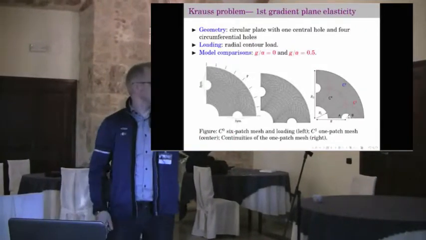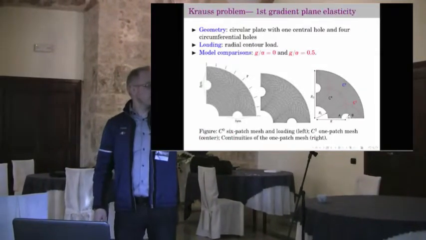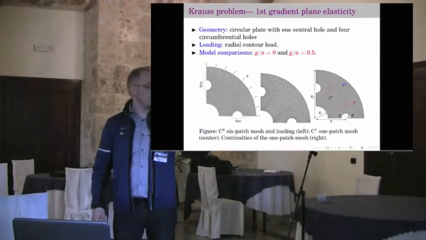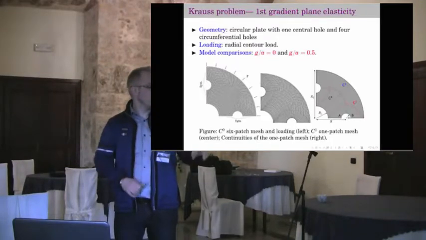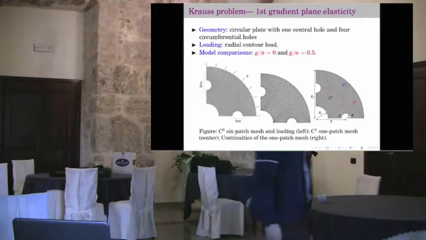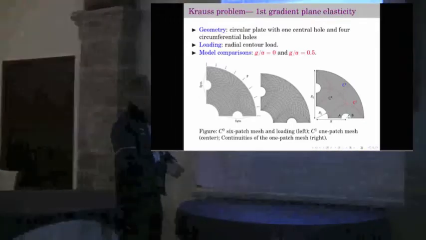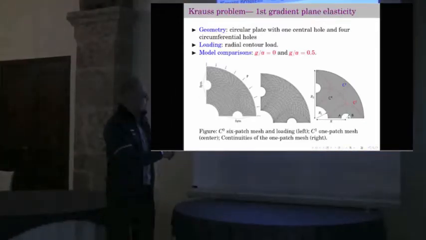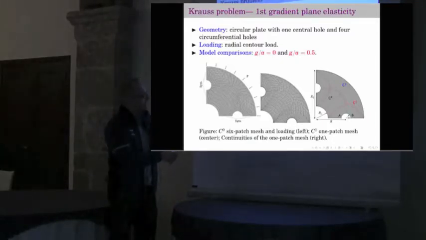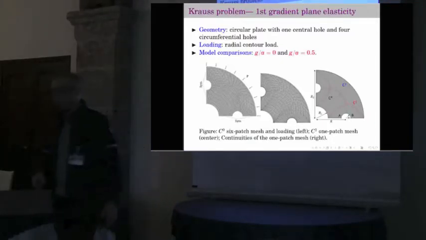Okay, this is just an example. We are not able to model this as a highest order strain gradient plane problem, but we modeled that for the first strain gradient model. And the problem in isogeometric analysis is that you should have patches like this, and they should be continuous enough from the meshing point of view.